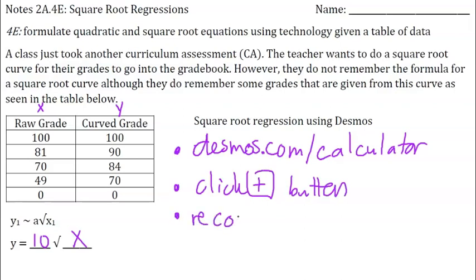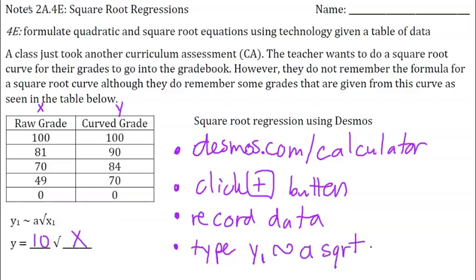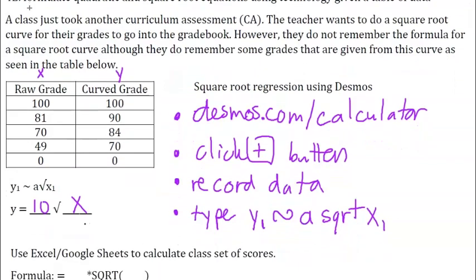Record data. And then type y1 tilde a sqrt x1. And then you identify A.